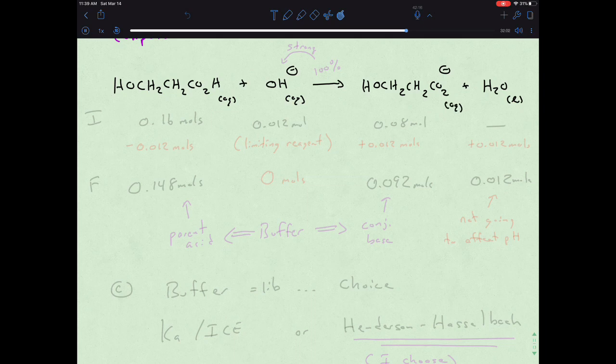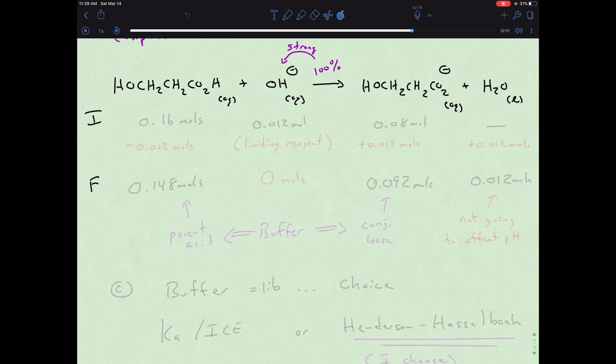And so what we can set up is not an ice table, of course, because we're not talking about equilibrium, but we could at least set up an idea of initial and final. Like, we have an initial set of conditions for this neutralization reaction. Remember, this neutralization reaction is going to go 100% because of the idea that we have something very strong within that, namely the hydroxide is ensuring a strong transition or 100% conversion to products.